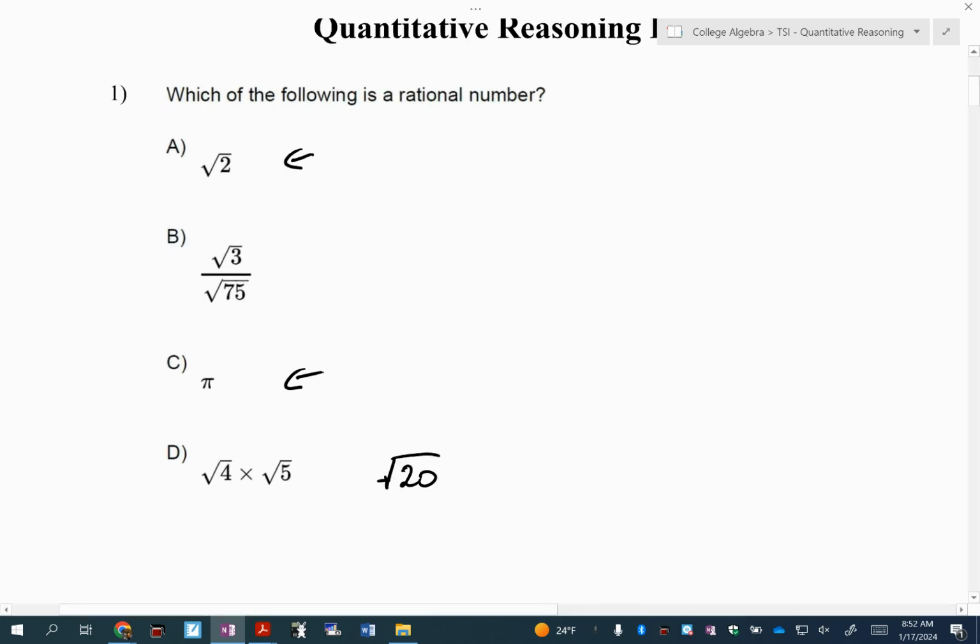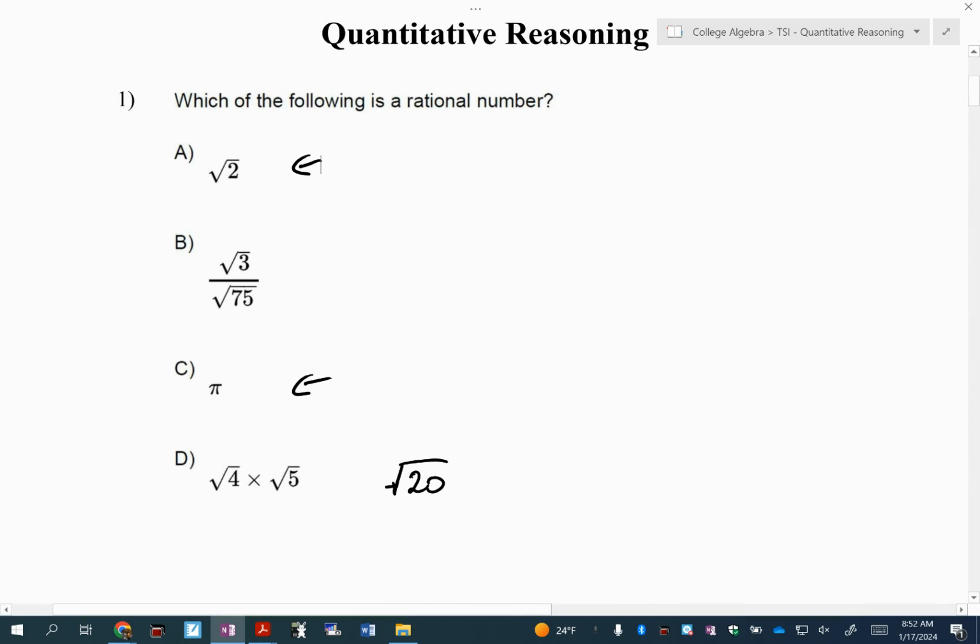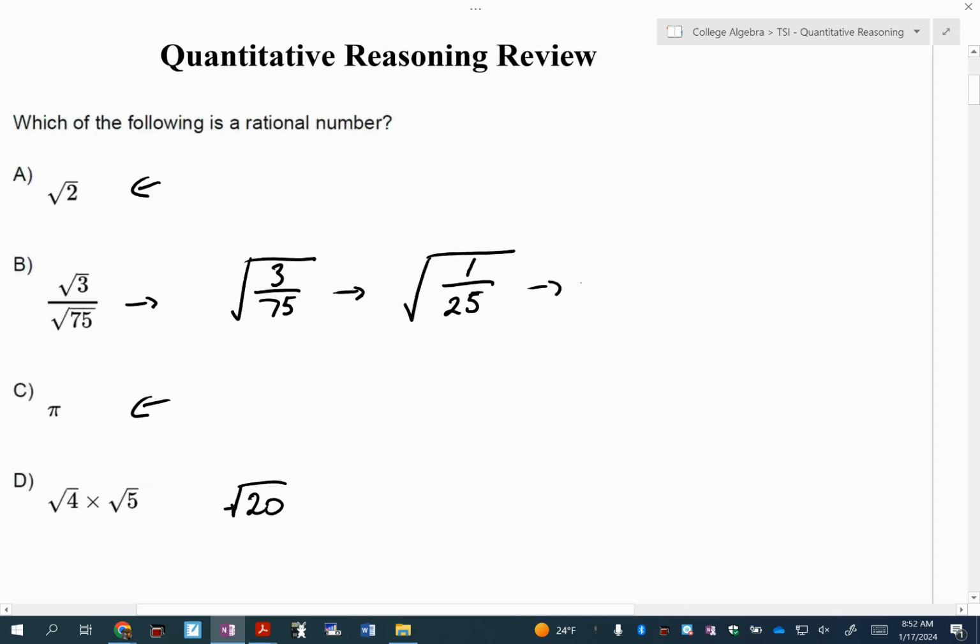So the only one that's actually going to be a rational number is this one, because you can reduce this to be the square root of 3 over 75, which reduces to the square root of 1 over 25. Then if you keep simplifying, you can give each of those their own radicals. The square root of 1 is 1, and the square root of 25 is 5.